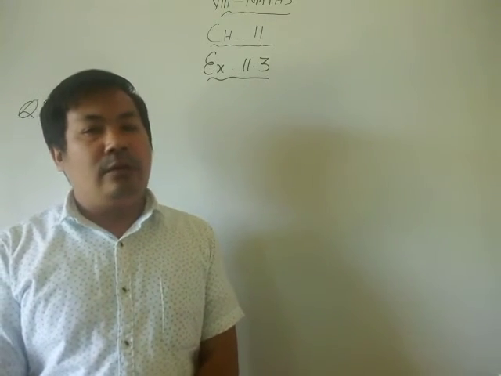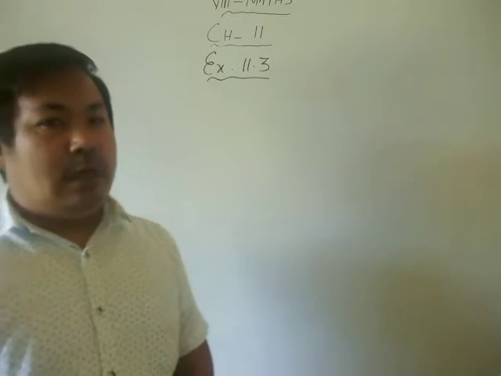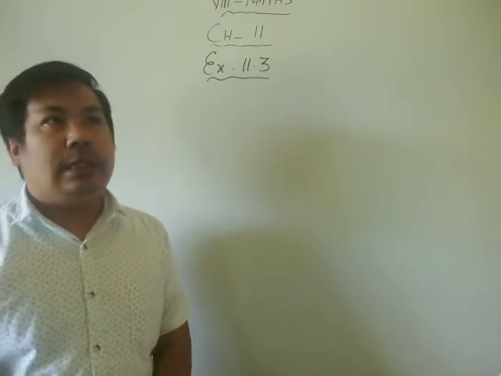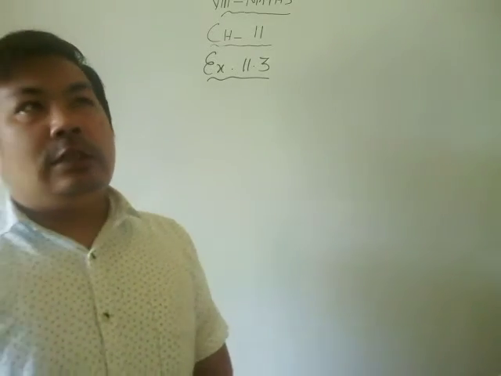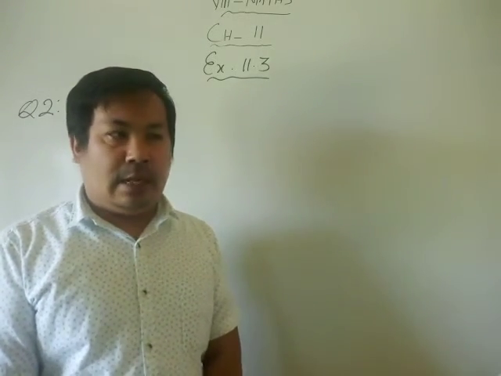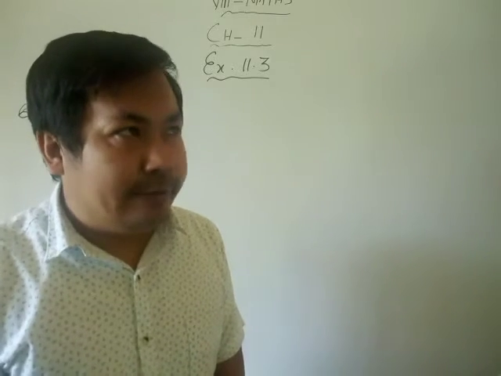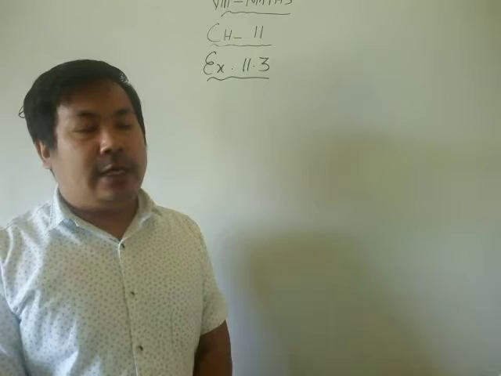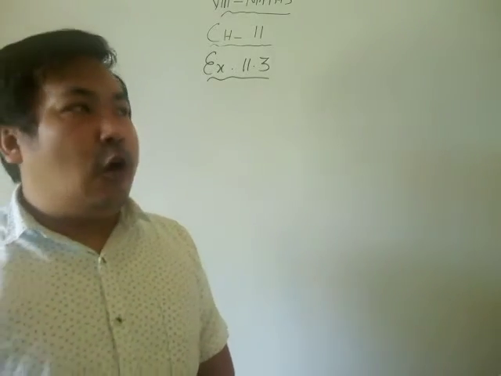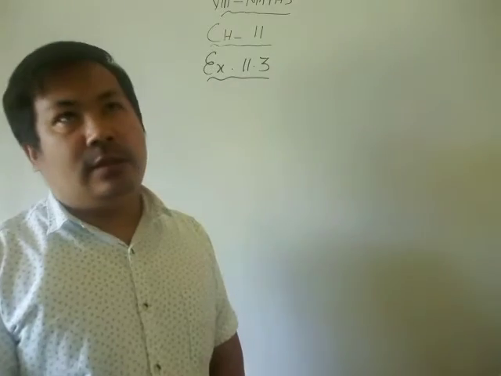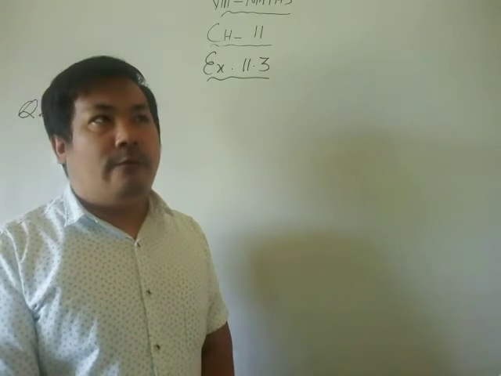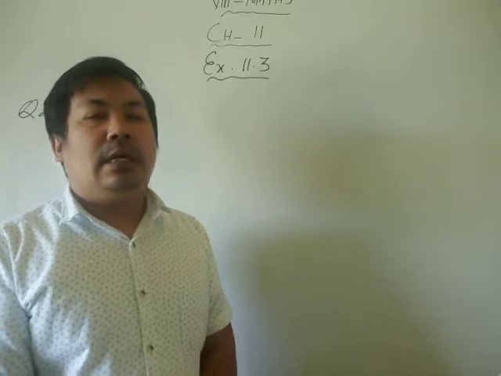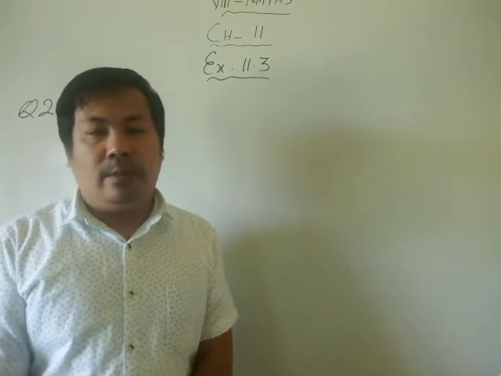In today's video, I would like to show the solutions of exercise 11.3. Exercise 11.3 mostly deals with finding the lateral surface area or total surface area of solid shapes like a cube, cuboid or cylinder. I showed the formulas in my previous video, so today we will start exercise 11.3.